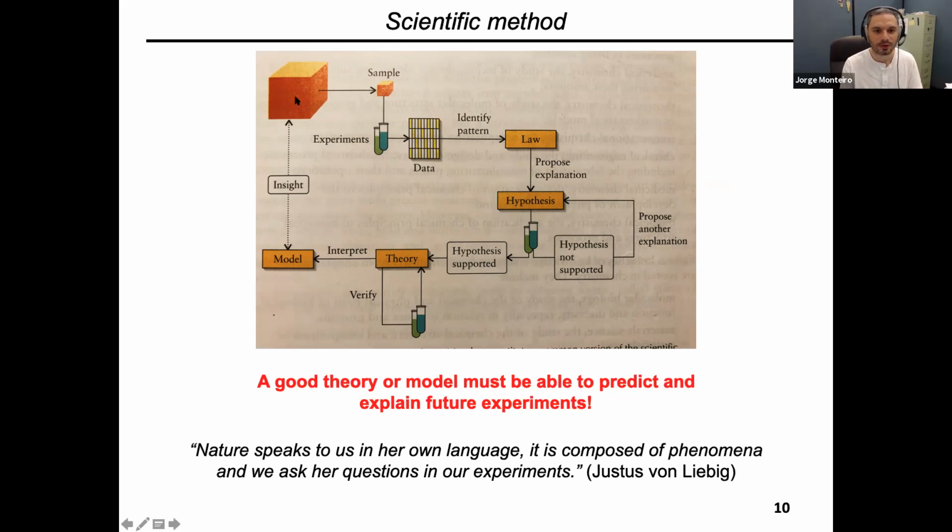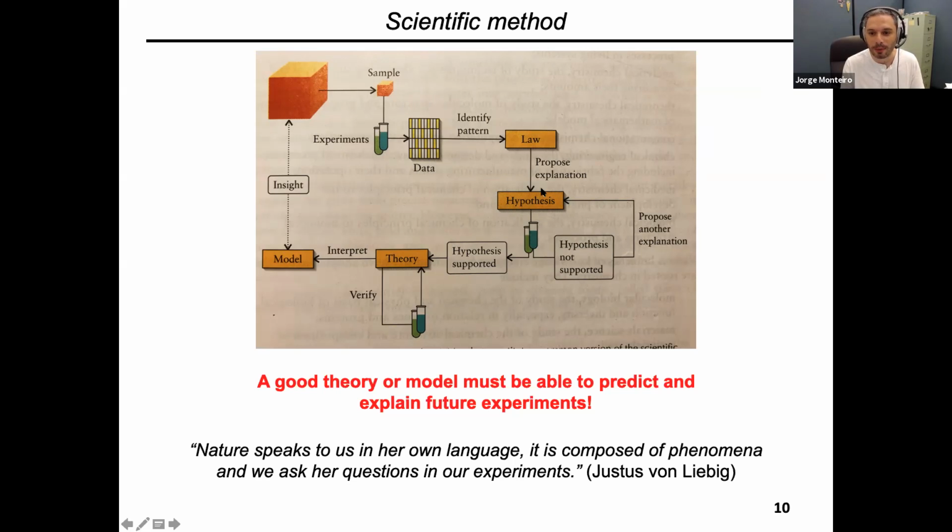Okay, so attention here, all this process to go all the way to your hypothesis, you've got to do experiments in the lab, okay? So you cannot collect data from the opinion of your neighbor or your uncle. So that's not scientific.